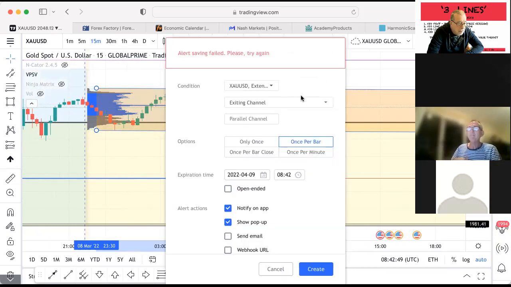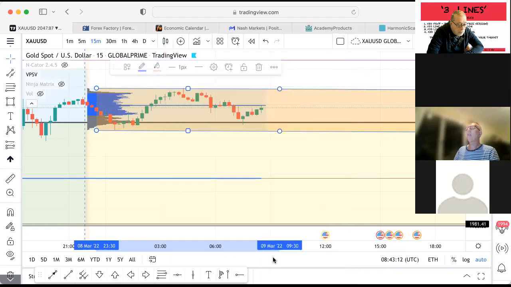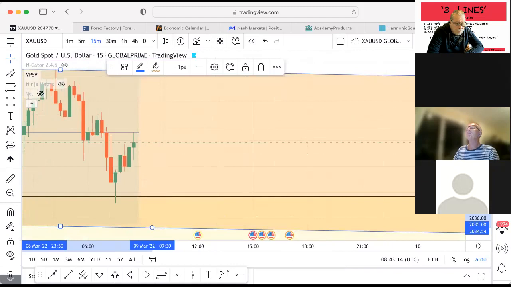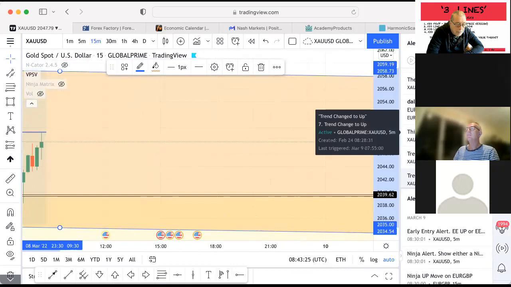Oh, alert saving failed, try again. Exiting channel once per bar. So now it's not allowing me to put it on once per bar close. I know what it might be. I might have used up all of my alerts. So just bear with me a second. No, I haven't, but I'll get rid of one or two.